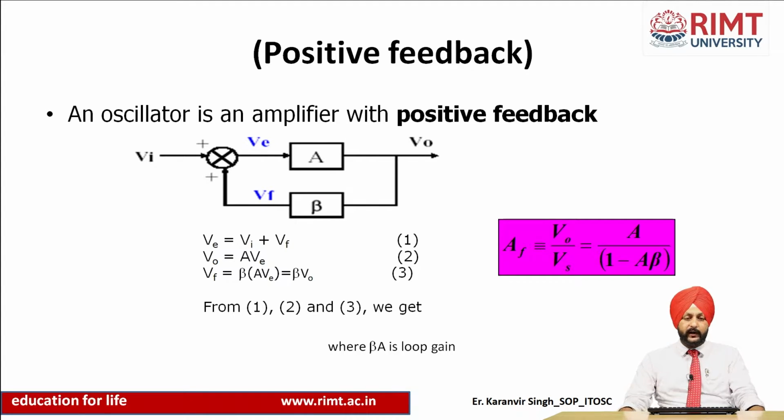We have already supposed AVe is equal to V naught, so the reference voltage becomes beta V naught; that is the third equation. After solving these three equations, we get the amplification factor, V naught divided by Vs, which is equal to A divided by 1 minus A beta, where A beta is the loop gain.